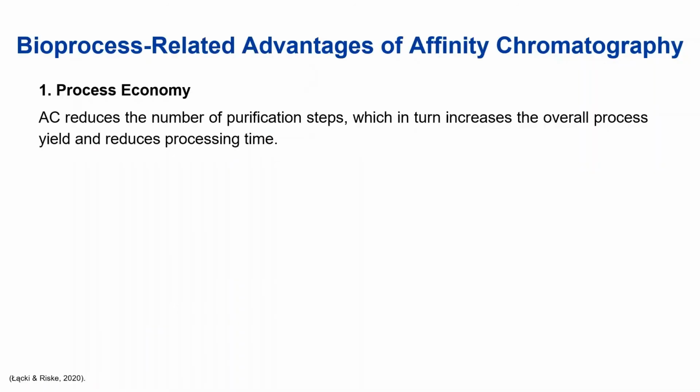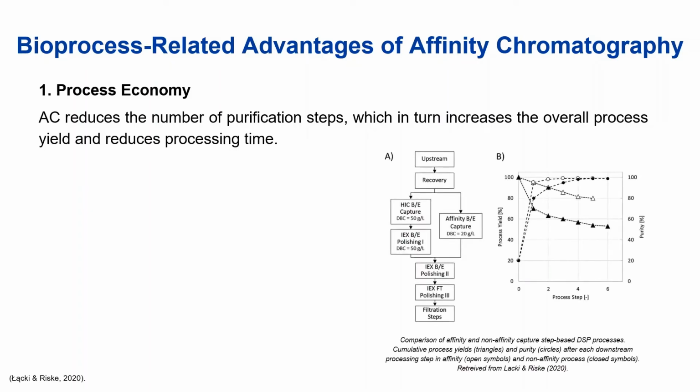The first advantage of affinity chromatography is that it reduces the number of purification steps, which in turn increases the overall process yield and reduces processing time. In this figure, we can see the comparison of non-affinity and affinity-based purification processes. Even if the first two non-affinity steps have much higher loading capacities, using affinity chromatography as the first step can reduce the overall cost of goods 1.5-fold as compared to the non-affinity process.